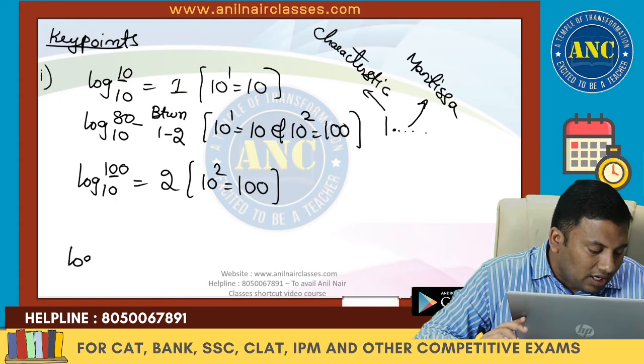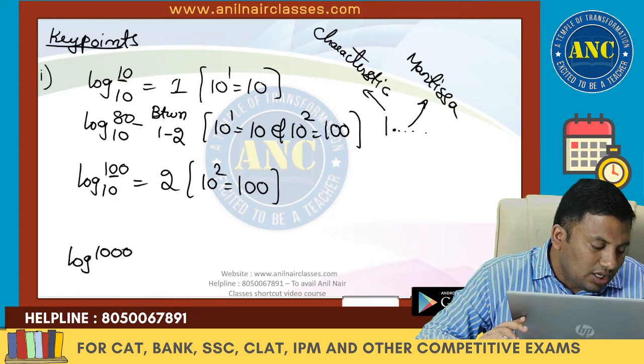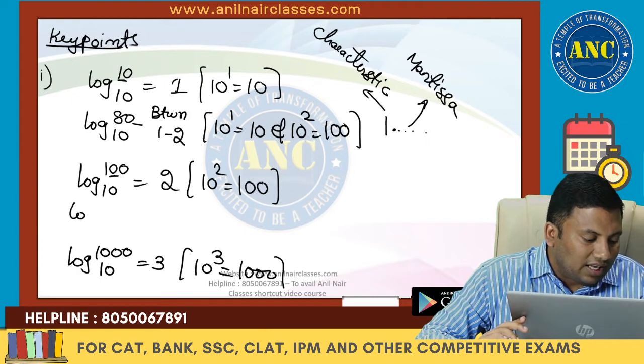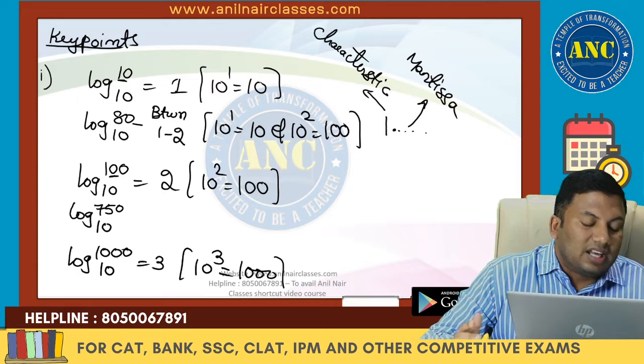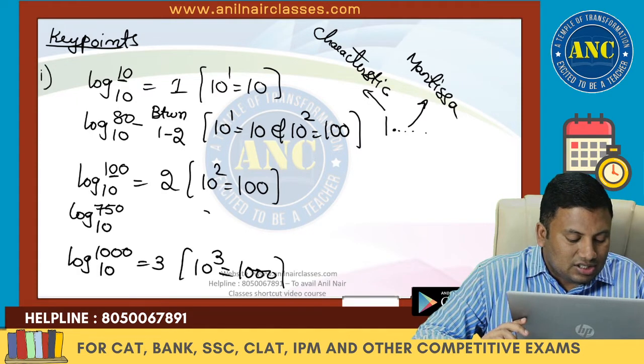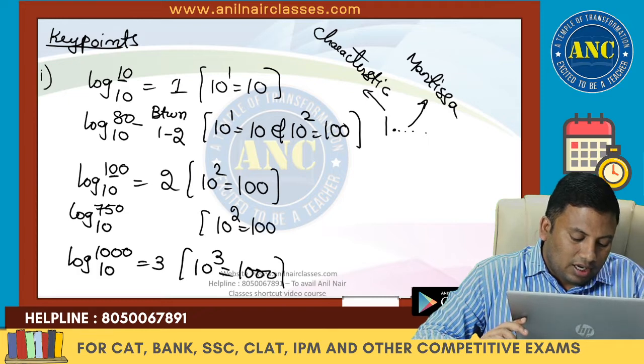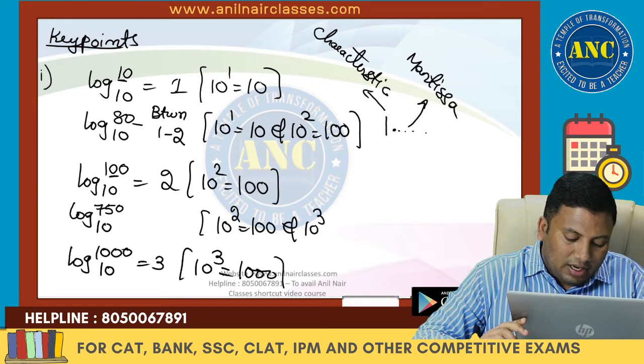Similarly, one more example, log 1000 base 10. 10 cube is 1000. Let me take a value from 100 to 1000, suppose log 750 base 10. 10 square is 100, 10 cube is 1000.